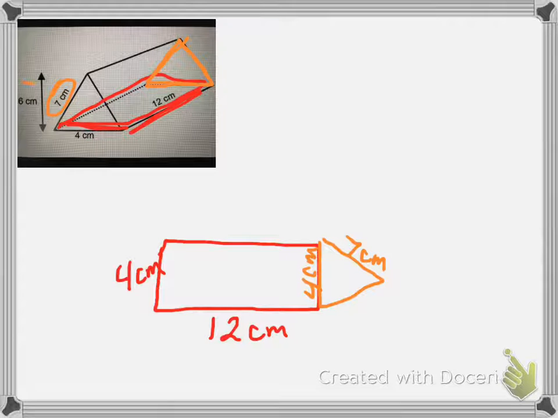Now we have one more measurement over here, which says 6 centimeters is the height from the base of the object to the very tippy top. So this here to this is 6 centimeters. I'm going to draw a little dotted line here and label that 6 centimeters.